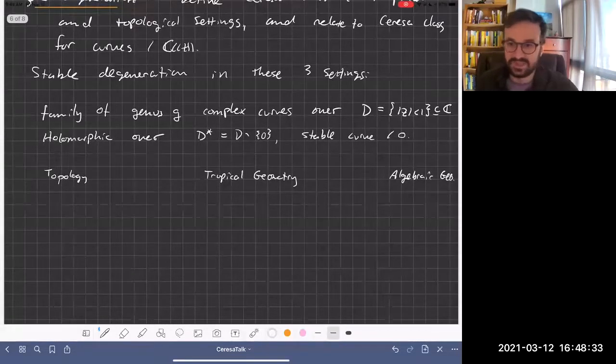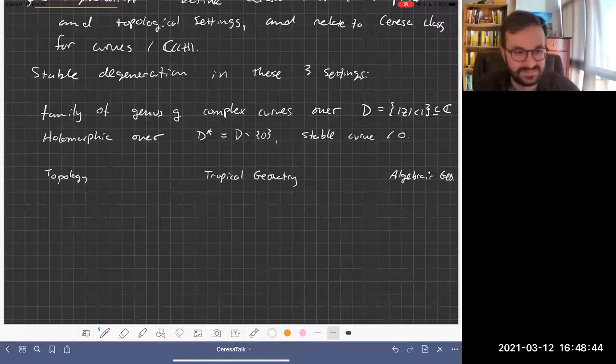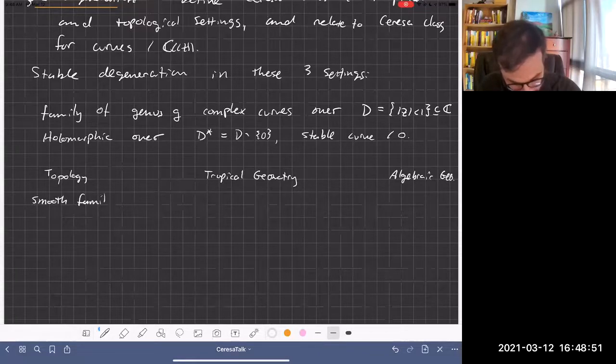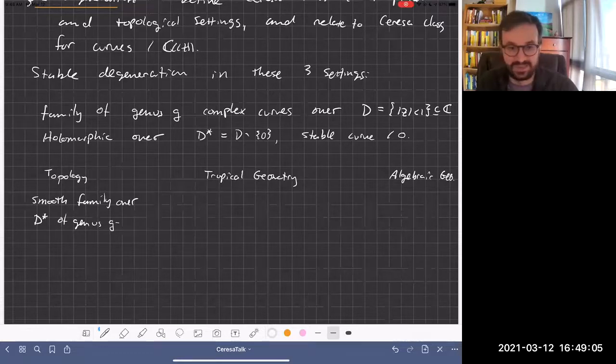Right, so in the topological setting, you forget about any sort of algebraic structure you have. You just care that you have a smooth map over the punctured disk of genus g topological surfaces.